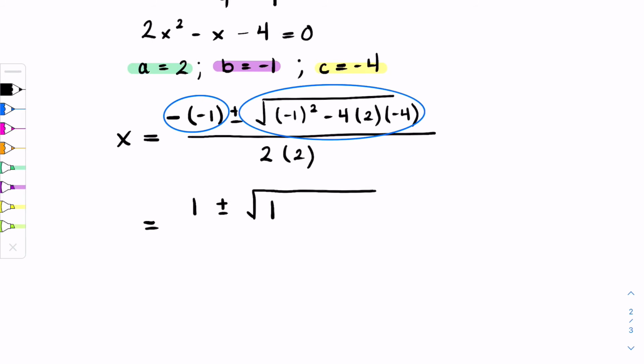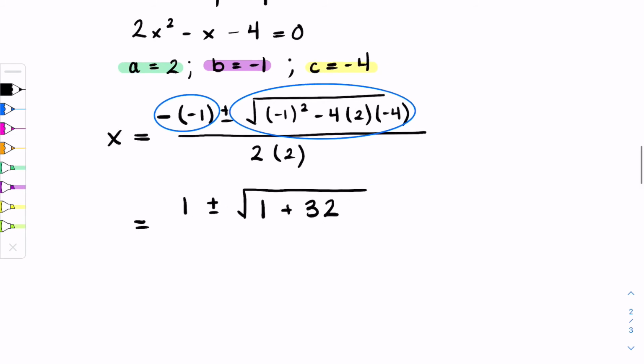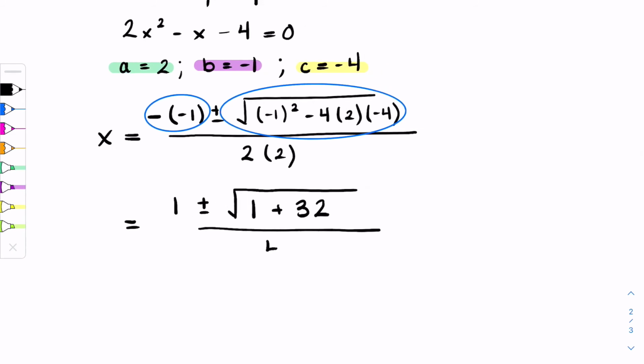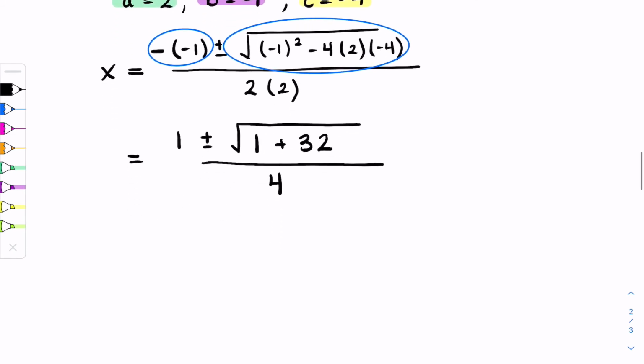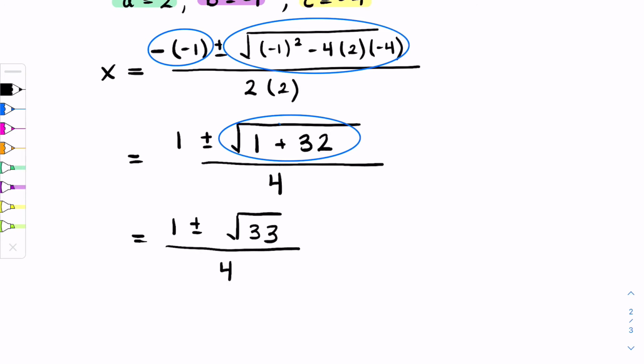And then we have -4 times 2, which is -8 times -4, which simplifies to +32, divided by 4. One plus or minus the square root of 33 divided by 4.